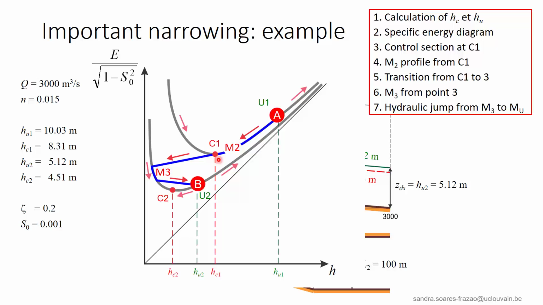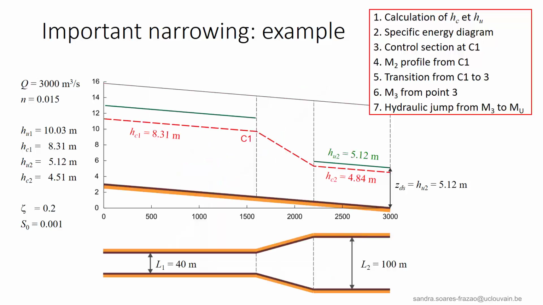So the only possibility is an energy loss with first a M2 profile until a control section C1 that corresponds to the beginning of the transition. Then a decrease of the water depth in the transition, a M3 profile in the downstream part, and then a hydraulic jump to reach U2. So, as we know that there is a control section at C1, this will be the starting point for the calculations.